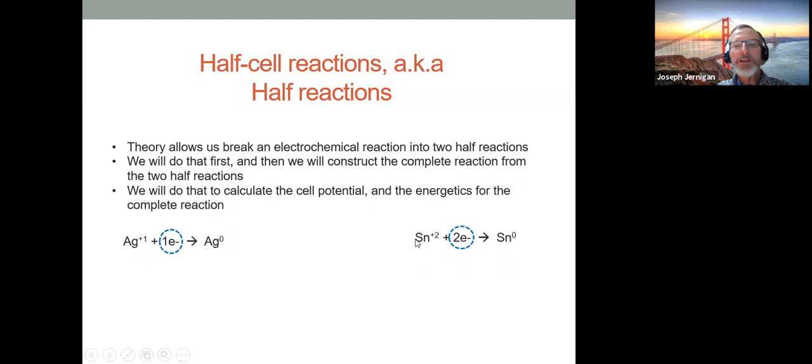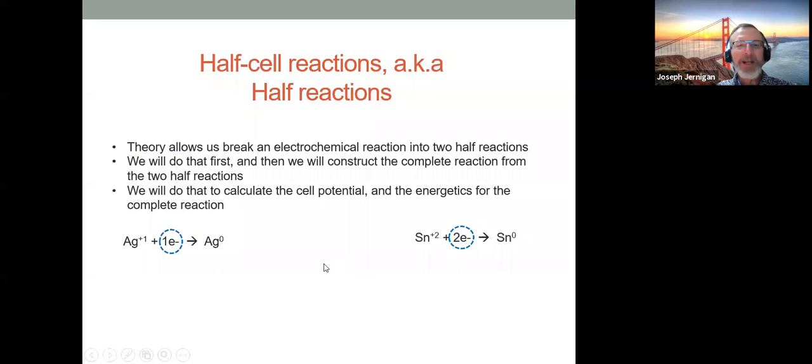So let me ask a question here. If I was going to take tin metal and I was going to reduce silver ion, how many silver ions would I reduce for every tin metal atom?